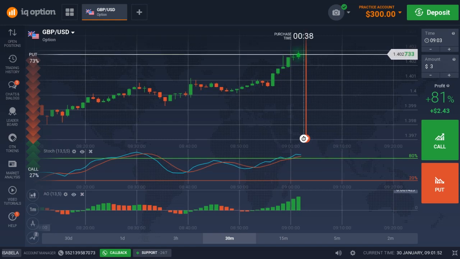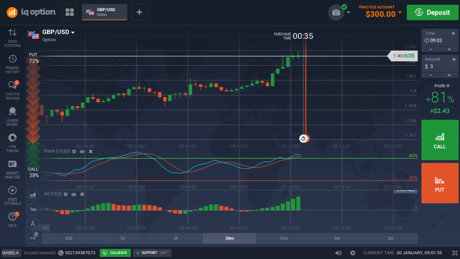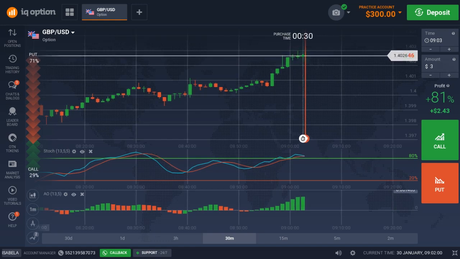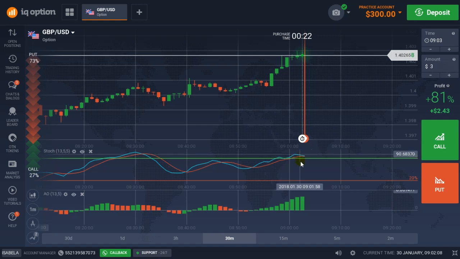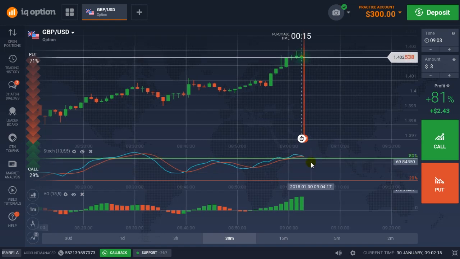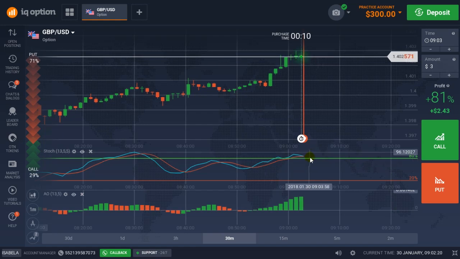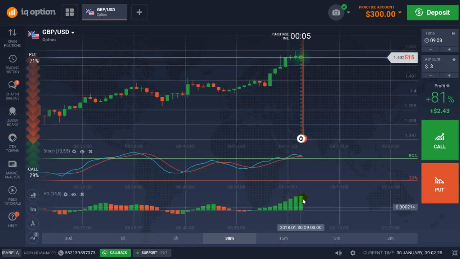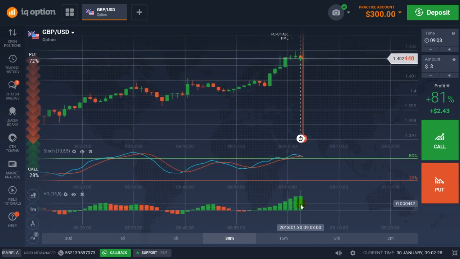Okay, so complying with the rules that I've explained in my previous videos and also on the PDF file, at this moment, since both of the stochastic indicator lines are above the 80% overbought level, we have to wait until one of the lines complies and we see the awesome oscillator also complying to the rule set.